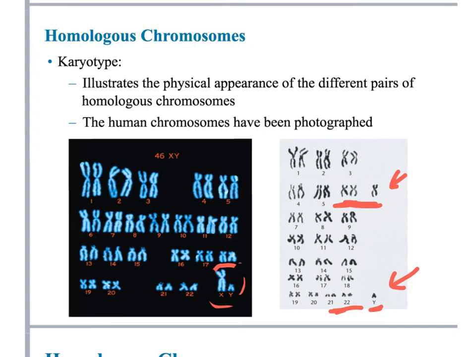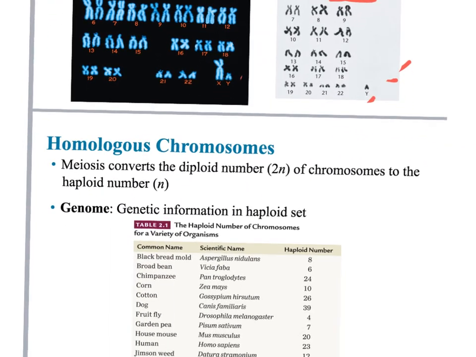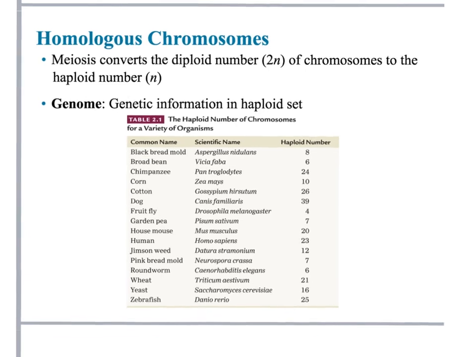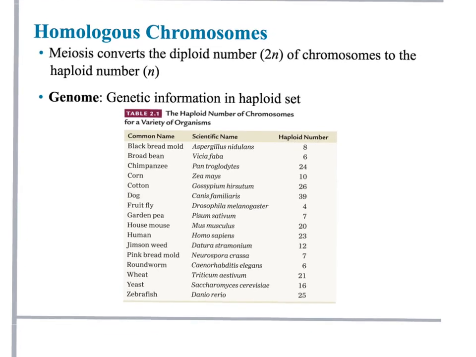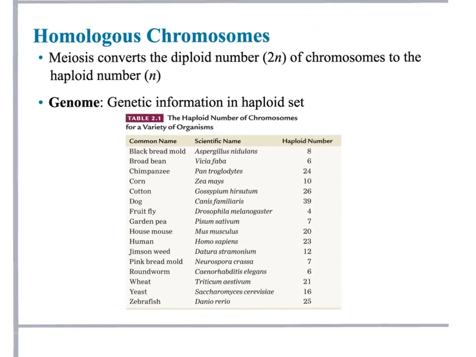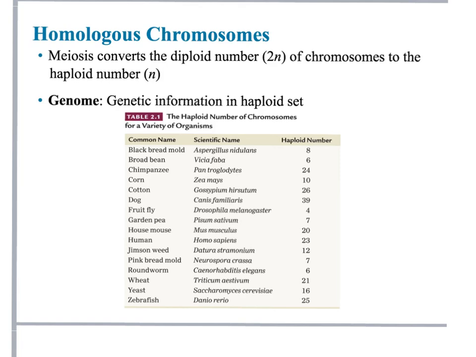So what we want to take a look at now, we want to just move along here to our next slide. So our homologous chromosomes, meiosis converts the diploid number of chromosomes into a haploid number. And then here's a genome, basically your genetic information in a haploid set.